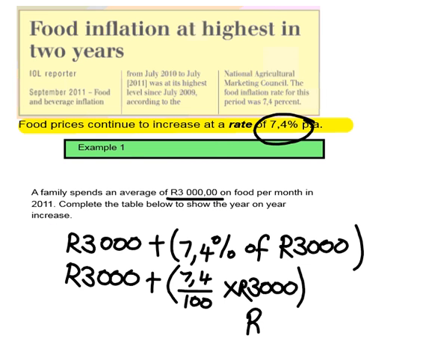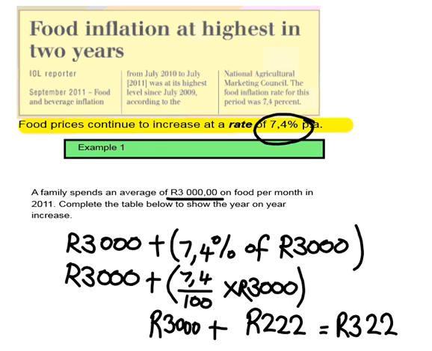So now I've got 222, and I've got to add 3,000 Rand to it, and that would be 3,222 Rand. Okay, let's go and get another page. Okay, so at the end of 2011, that was the price you had.